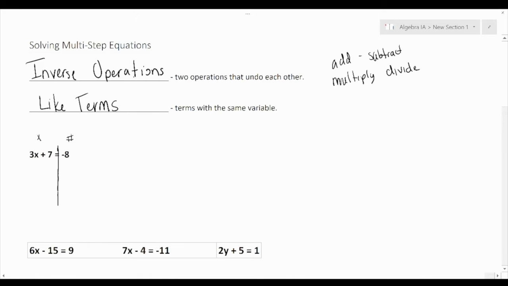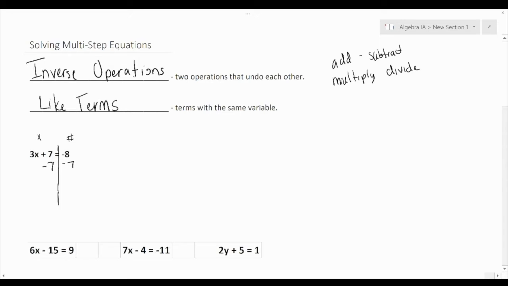Now, the first step we're going to do to get like terms together is we're going to move the 7. So what's the opposite of plus 7 is subtract 7. So we're going to subtract 7 from both sides every time. If you do it to one side, you have to do it to the other.